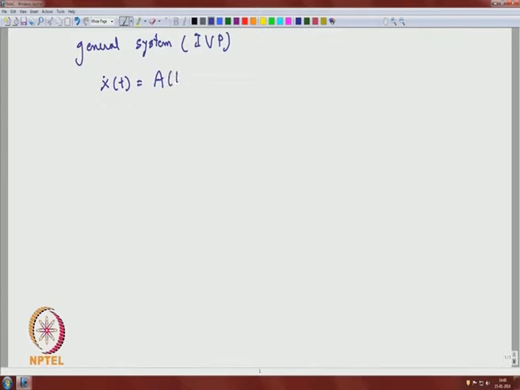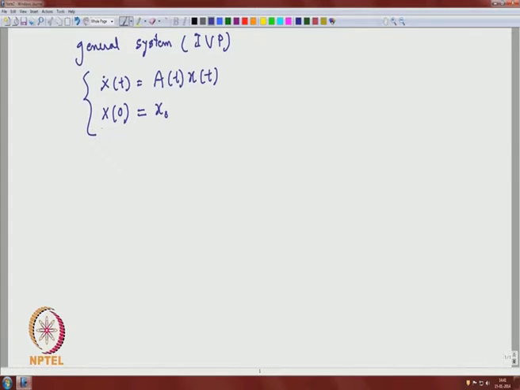A(t) need not be in the above form; the entries of A(t) will consist of functions, and need not be of the form given earlier. With x(0) equal to x naught, or you can put it at any point. So, this is a general linear system.